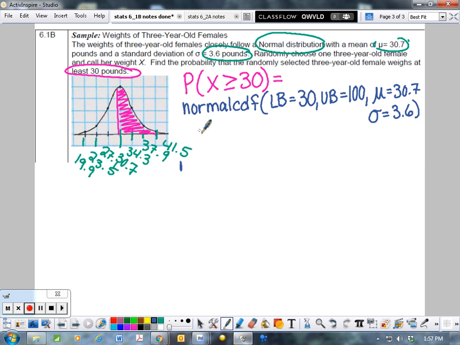So we plug that in our calculator, and we get a probability of 0.5771, which looks pretty correct, close to that 50%. We can tell by the shading.